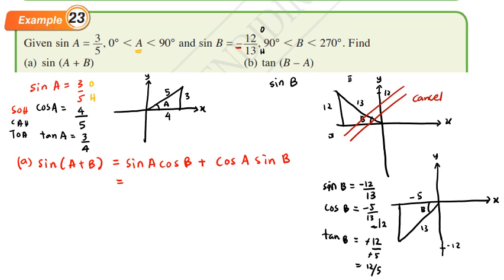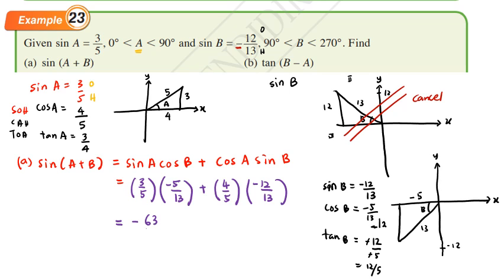So sin A is 3 over 5, cos B is negative 5 over 13, plus cos A is 4 over 5, sin B is negative 12 over 13. Okay, put in your calculator. So you can see you will get the answer of negative 63 over 65.